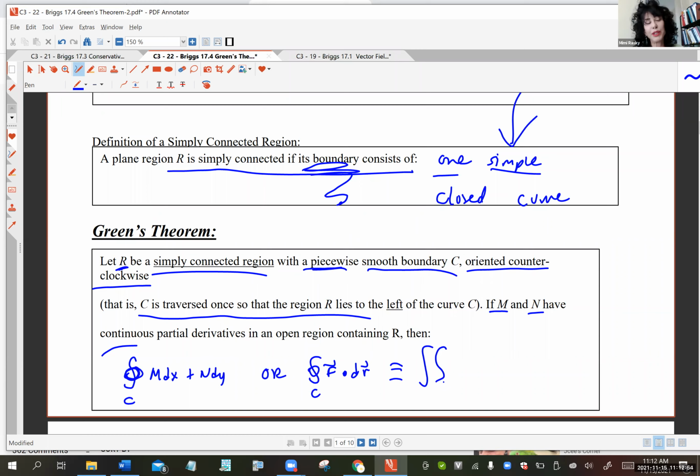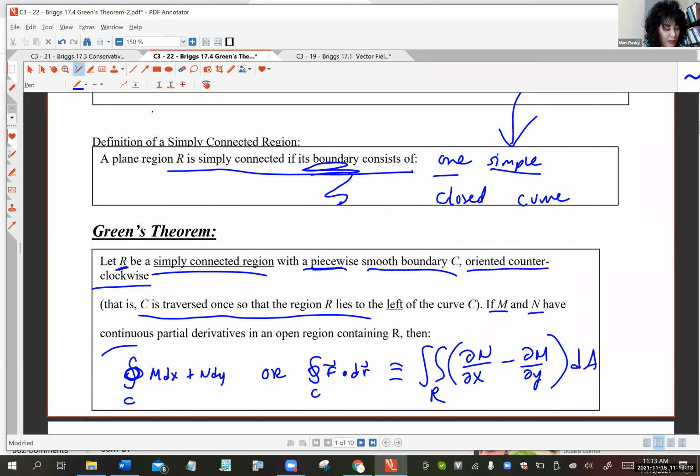You didn't think double integrals were coming back, did you? Here they are. The double integral of dN/dx minus dM/dy dA. That's your area element. There is Green's.